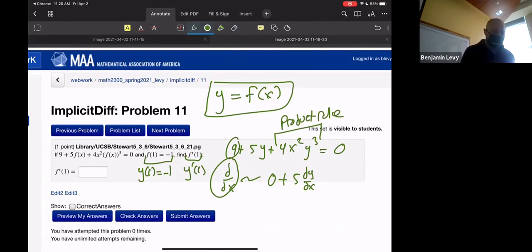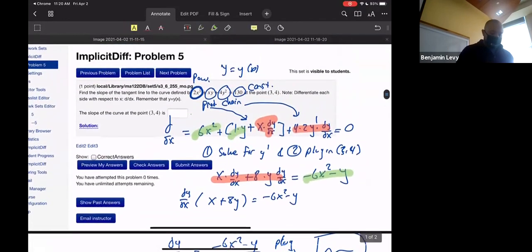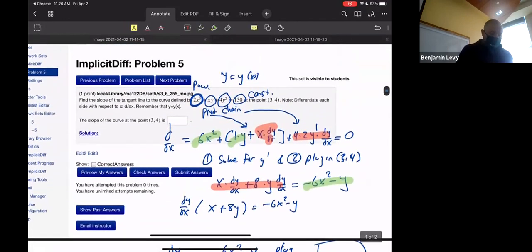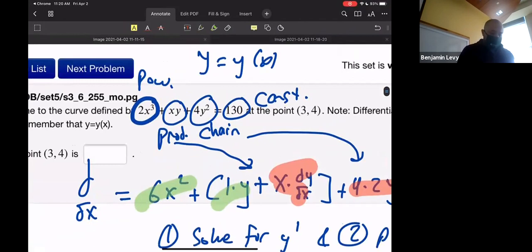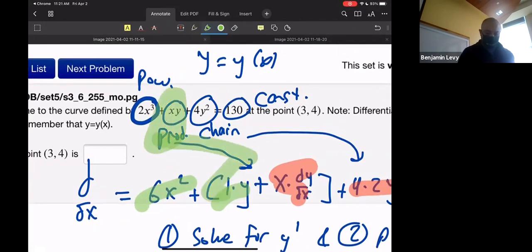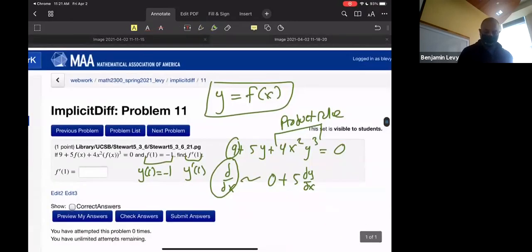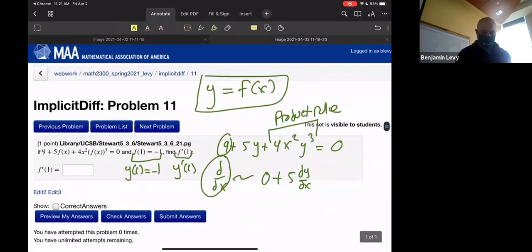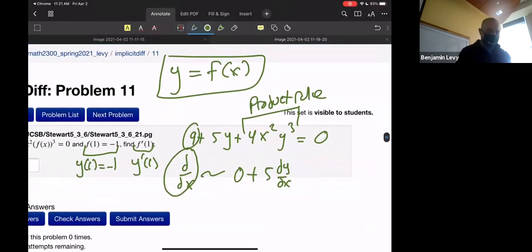Very similar to the last problem we had, where we had a product rule of x times y, right? It's the same as this thing we just did here. That was this product rule. So what does this one become? Got a product rule in that 5xy. I mean, let's see, 4x squared y.